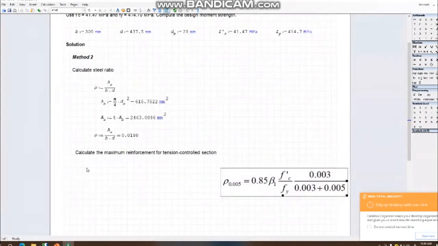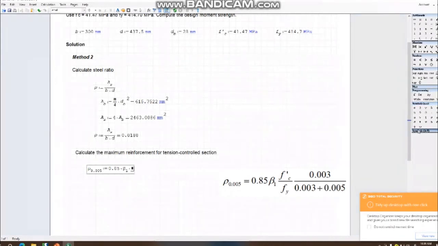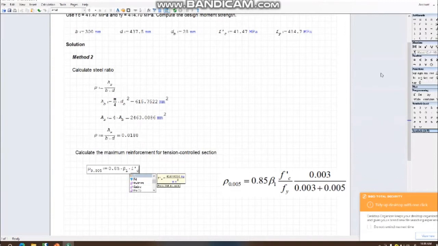So, okay, rho max at epsilon t equals 0.005 equals 0.85 times beta 1 times fc prime divided by fy, times 0.003 divided by 0.003 plus 0.005.